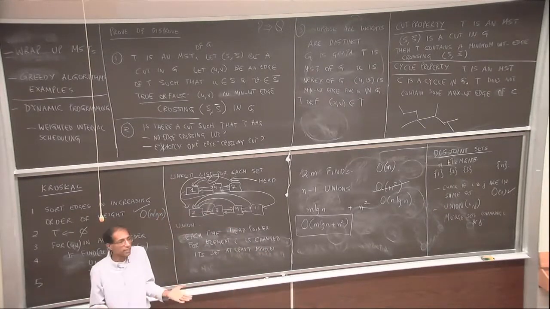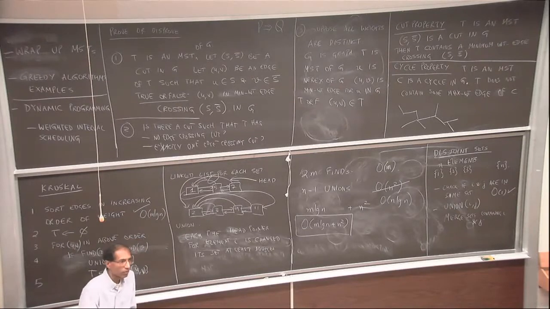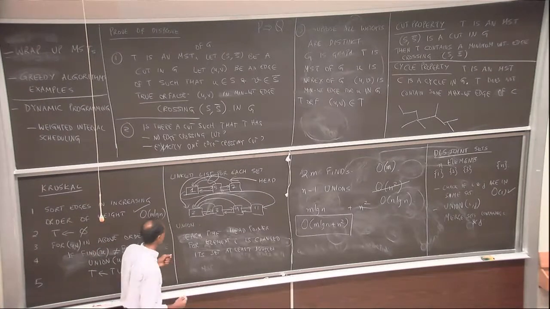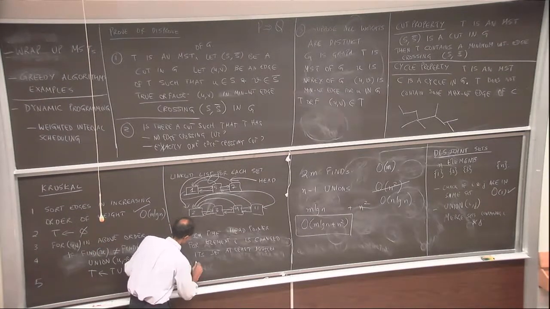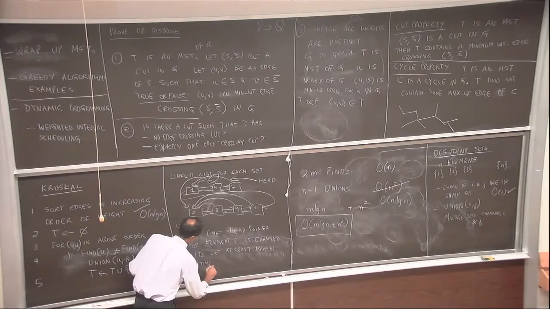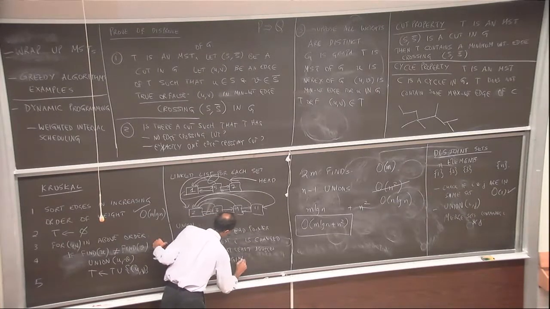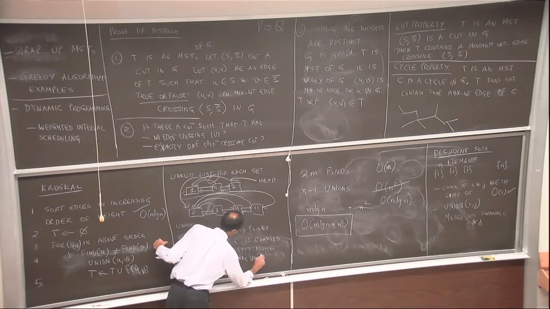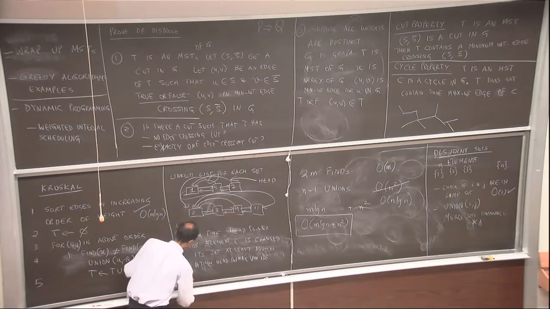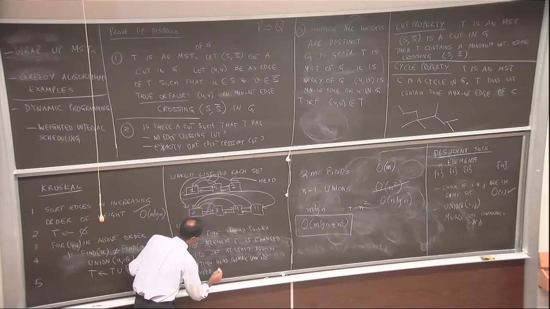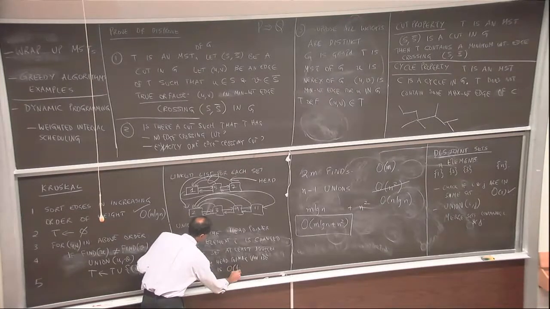Since the set finally is only of size n, the number of times you can double is at most log n. Therefore, the number of times the head pointer can be changed for i is order log n. It is actually less than or equal to log n.